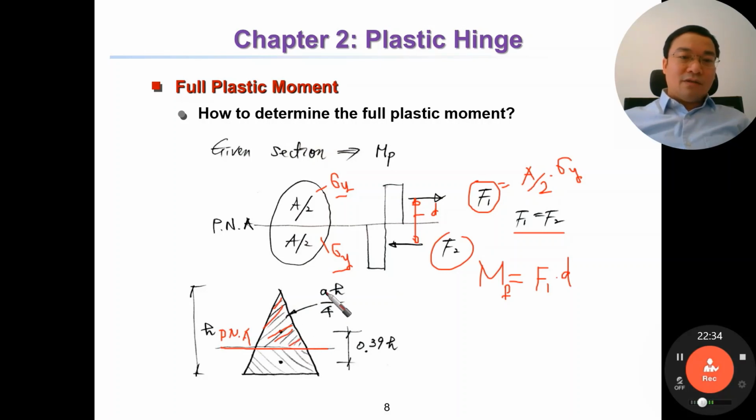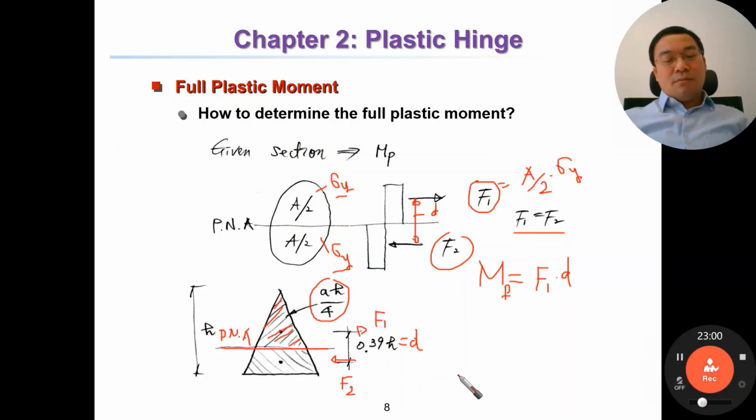Okay, the first part and the second part, and the area of the part is A over 4, of course, and this is D. This level arm between F1 and F2, F1 and F2 is opposite.